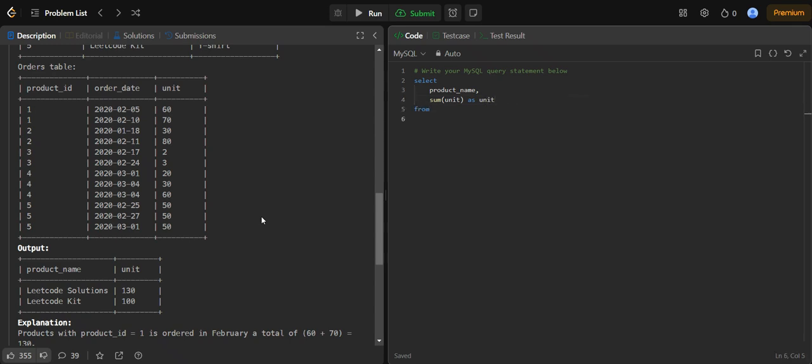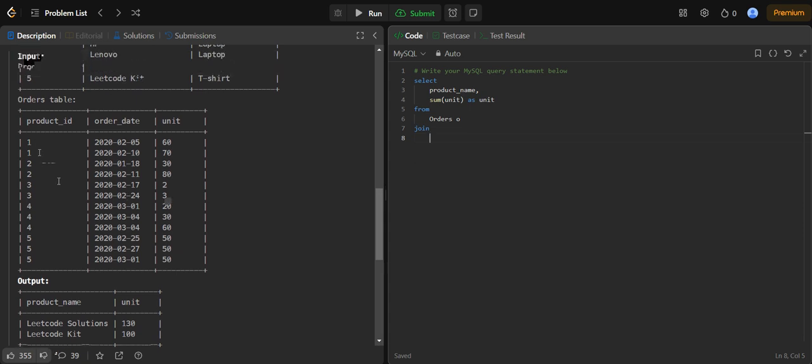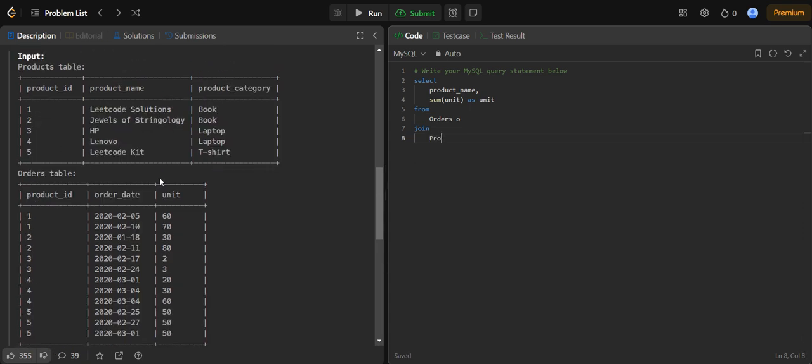From the orders table, I have to join it with the products table on o.product_id equal to p.product_id.